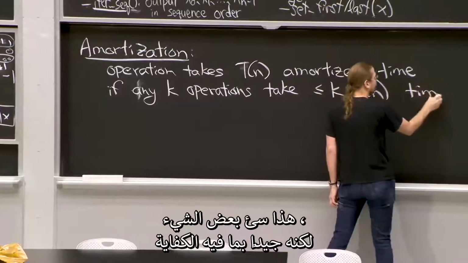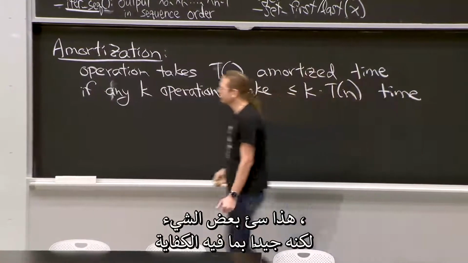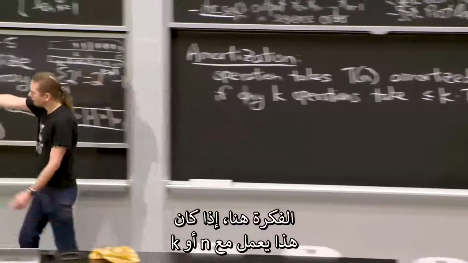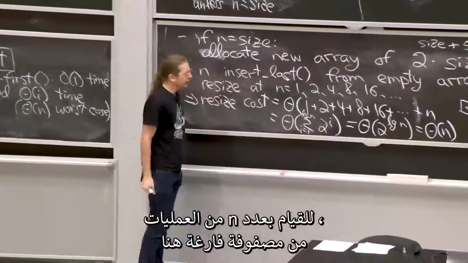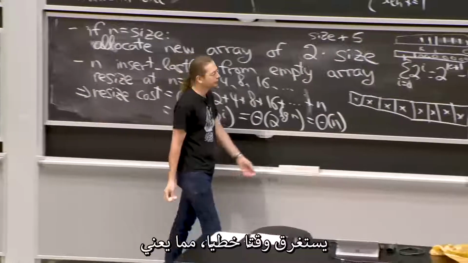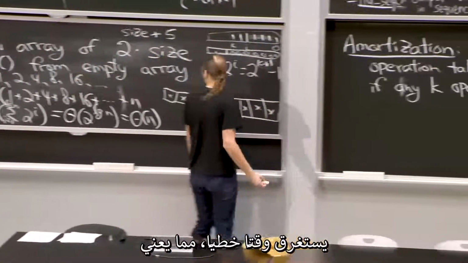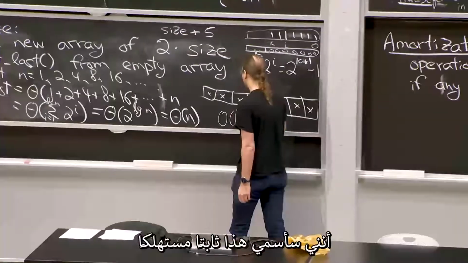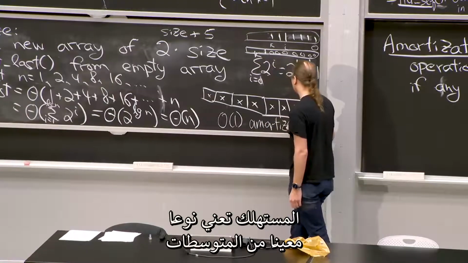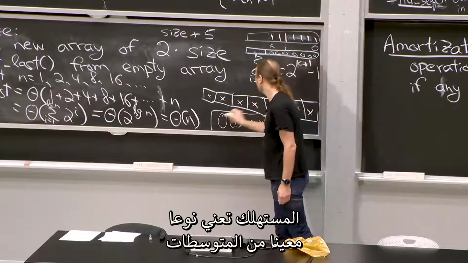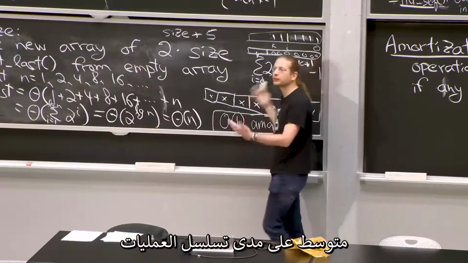This is a little bit sloppy, but it'll be good enough. So the idea is here, if this works for n or k, to do n operations from an empty array takes linear time, which means I would call this constant amortized. Amortized means a particular kind of averaging, averaging over the sequence of operations.